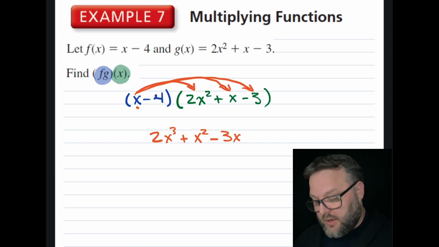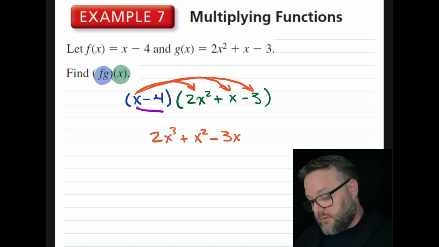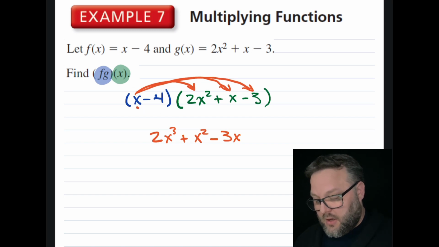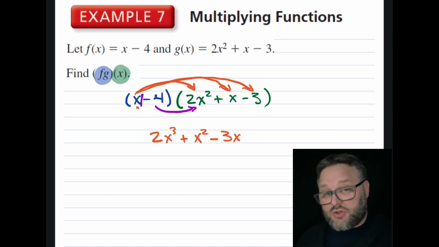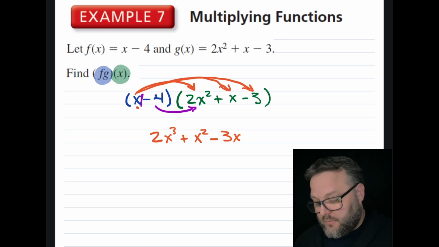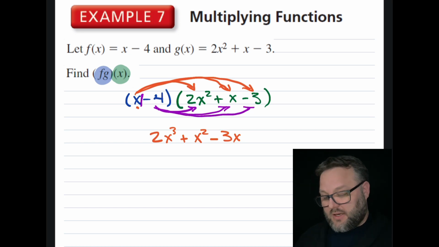Now I'm going to go ahead and multiply. Oop, I started at the wrong spot. There we go. I'm going to multiply this second term, including that negative, because remember, terms start before the positive or negative. So I'm going to take negative 4 times 2x squared and get negative 8x squared.